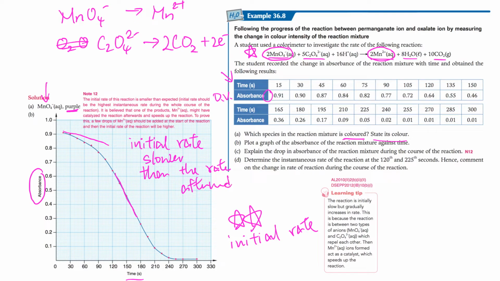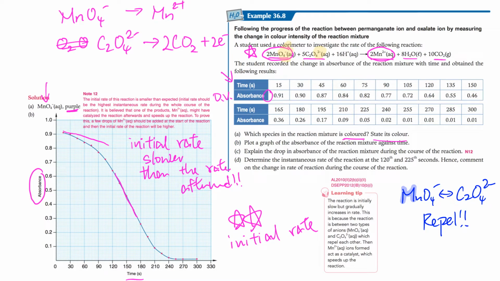Why does it have to be like this? This is a very interesting experiment, because in the process, we will find that the two reactants coming together, both of them are anions. When you have anion and anion going to react, they will repel each other.